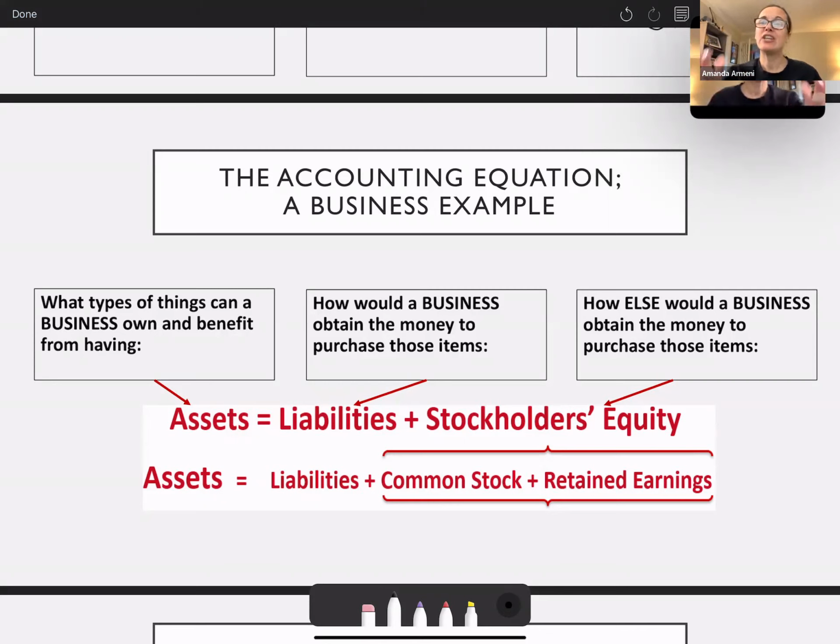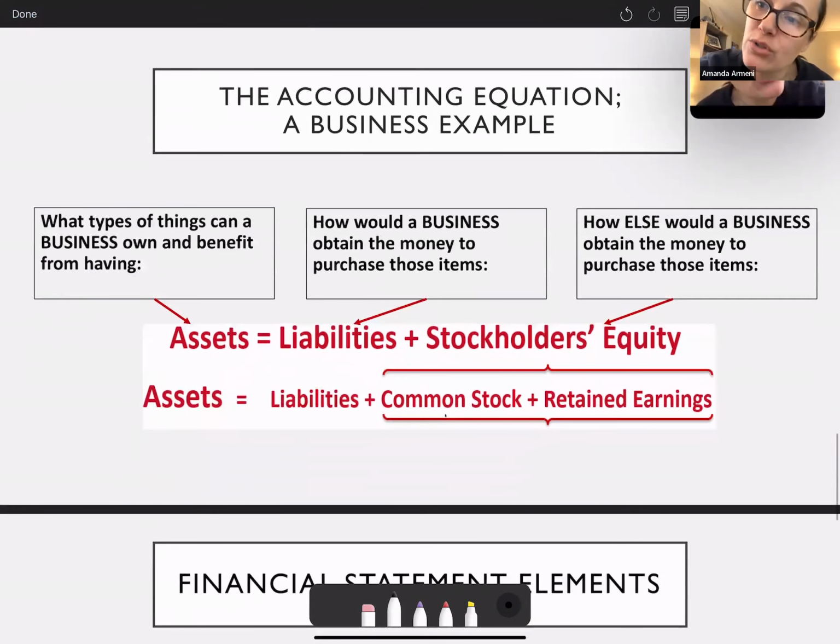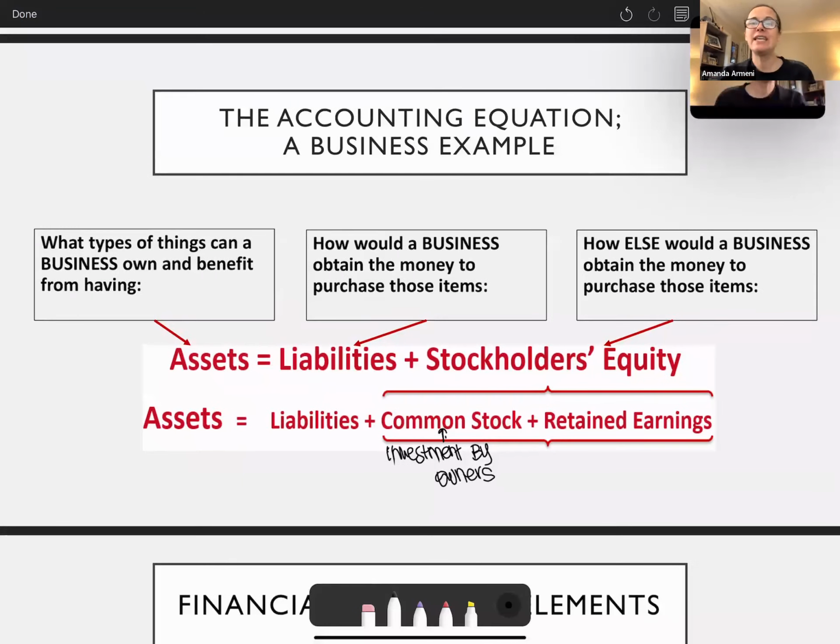Or they can use owner's investment, which in accounting terminology is called common stock. And then they could also use their earnings. How much income have they generated over time? Retained earnings. So the accounting equation says that assets equals liabilities plus these two components of what we call equity.